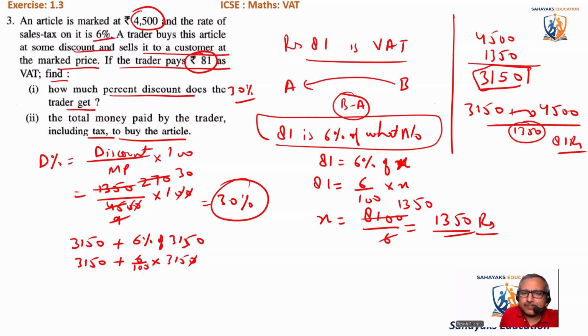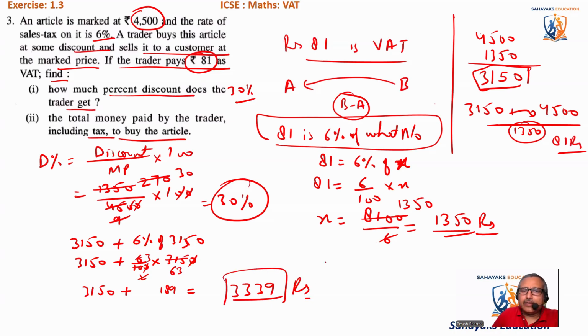So we'll cancel it out, and 63 into 3 is 189. So 3150 plus 189 comes out to be 3339... he paid 3399 rupees.